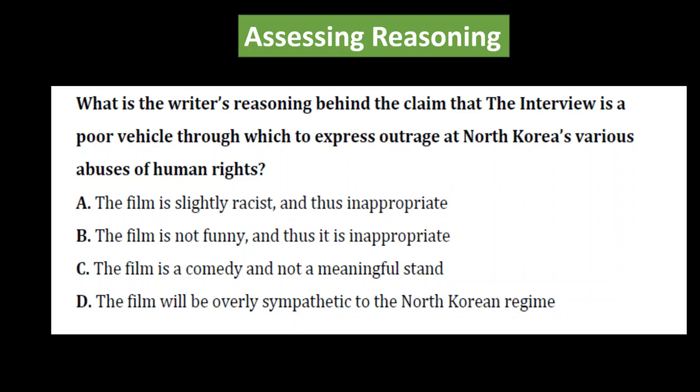Again, we need to see which one would be a reasonable step towards the claim that the interview is a poor vehicle through which to express outrage at North Korea's various abuses of human rights. One of these choices is the answer. Again, we cannot determine. We have to refer back to the passage in order to be able to answer this question.